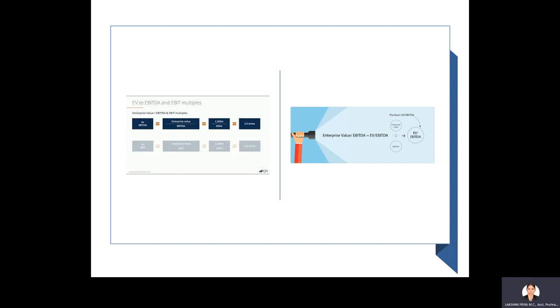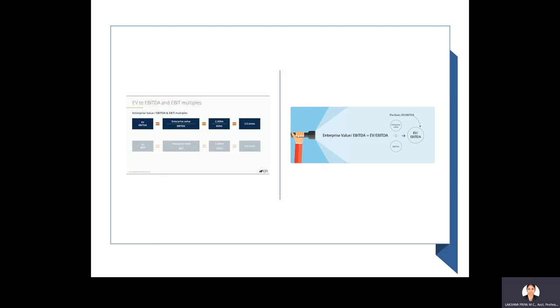You can use all the multiples, which is known as the Bludgeon view. You value a company using a number of multiples, and you arrive at a final recommendation once you use all the different multiples. There are different ways of doing this.